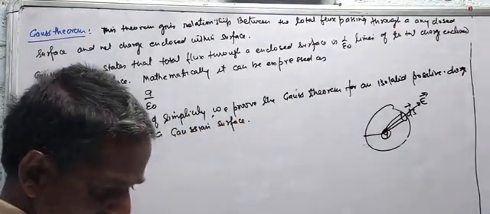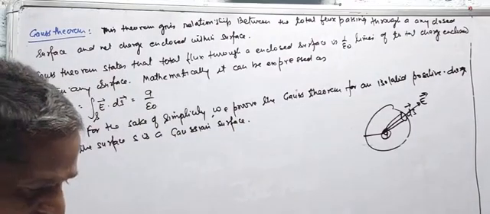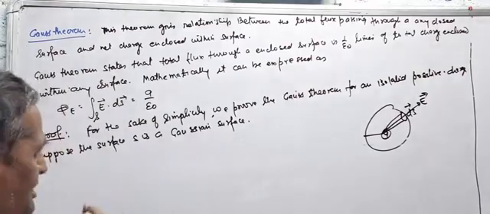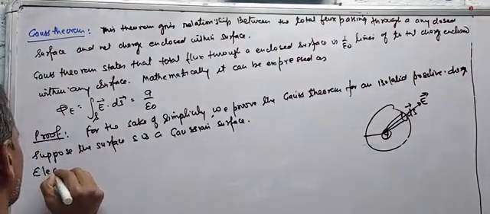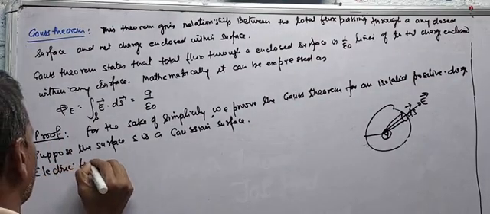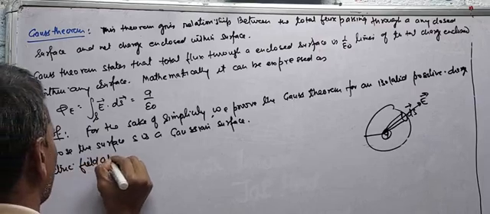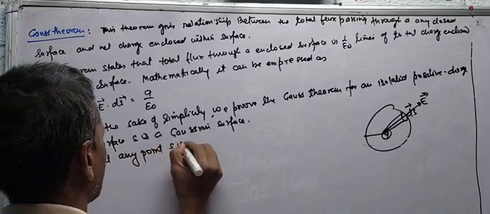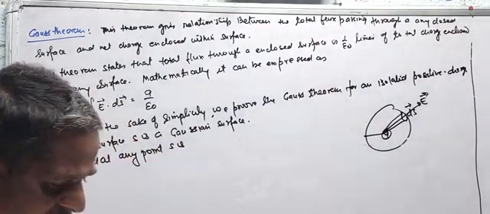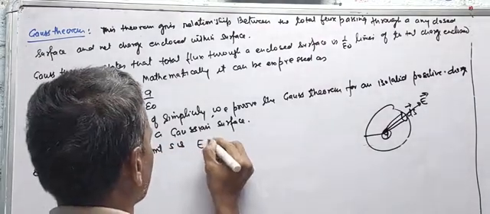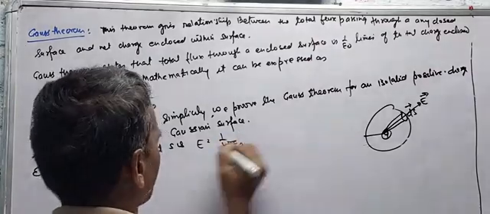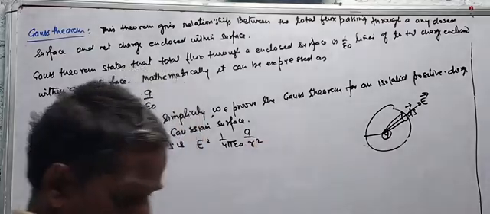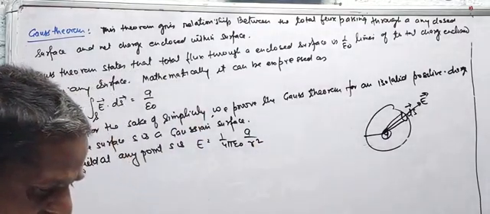Electric field at any point on S is E equal to 1 upon 4 pi epsilon naught, q upon r square.